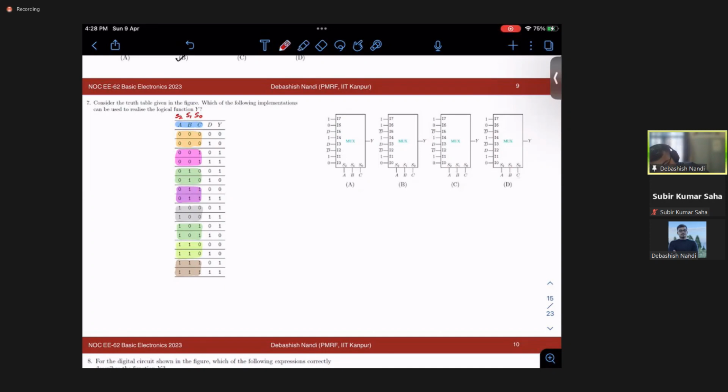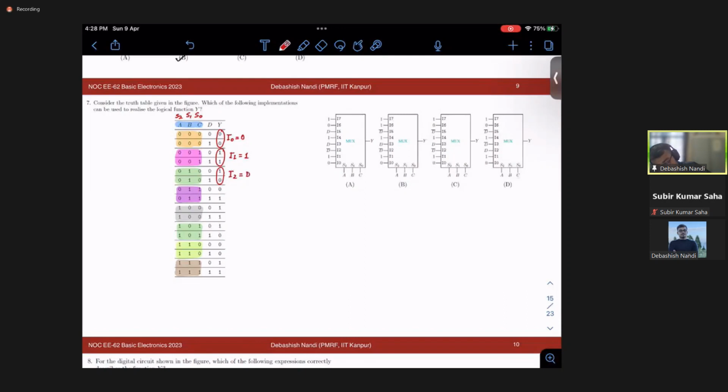First thing, we note how y is dependent upon d. Here y is 0, right? So your I0 is 0. Here 1, irrespective of whatever your d is. So your I1 is 1. So I2 is, here you can see when d is 0, y is 1, right?